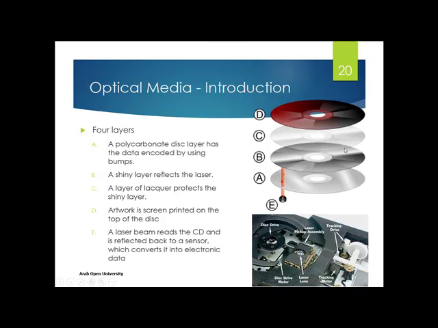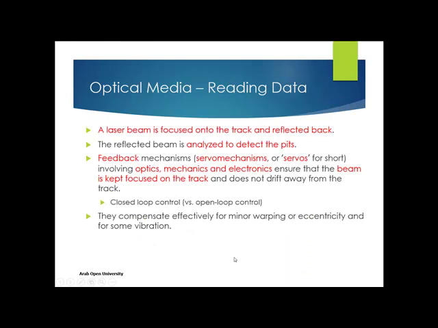The third layer is a protection layer to protect the shiny layer. And the fourth one is the artwork, where we can print or write information about the optical media. So these are the four layers constituting the optical media.